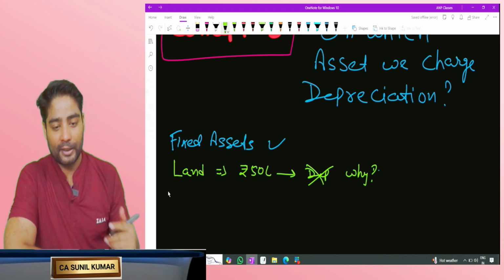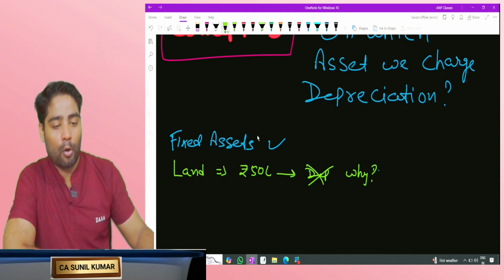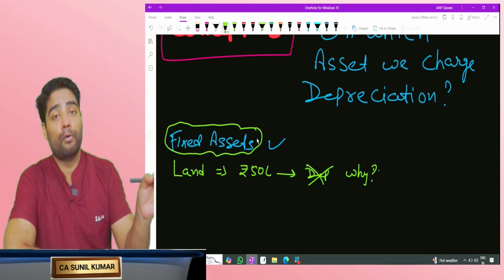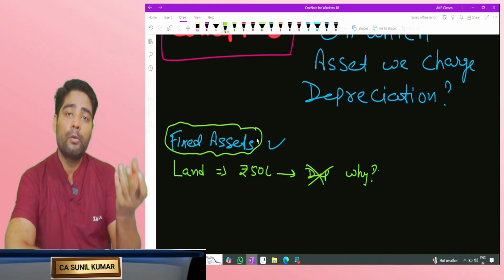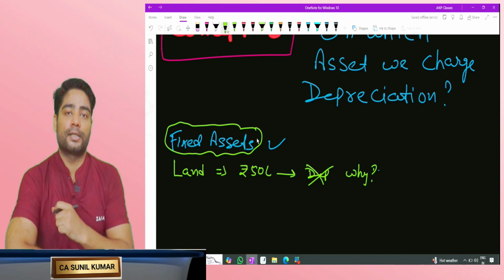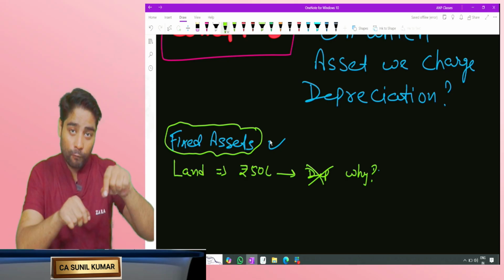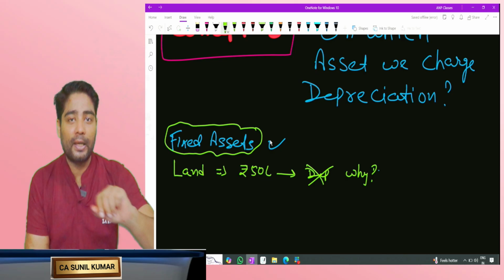Okay, now let me tell you. We don't charge depreciation on all fixed assets. We charge depreciation on some fixed assets, or I can say on fixed assets which are depreciable.